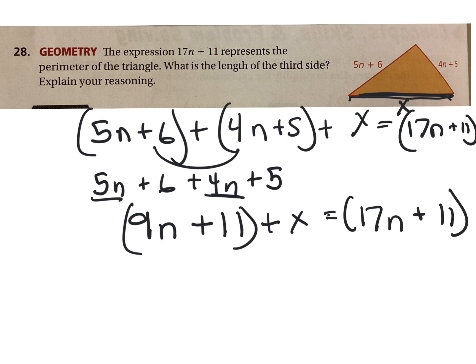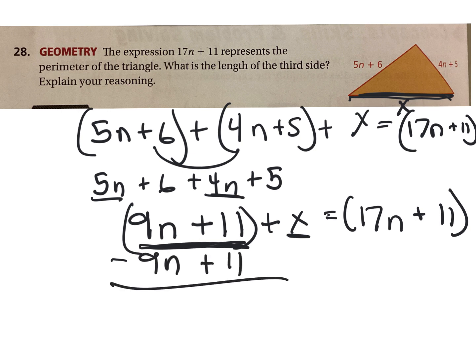Now, I just got to figure out how to get rid of this here, so it'll leave me with this x all alone. If I subtract 9n plus 11, that gets me down to 0. But I got to do it on both sides of the equation. So minus 9n plus 11.